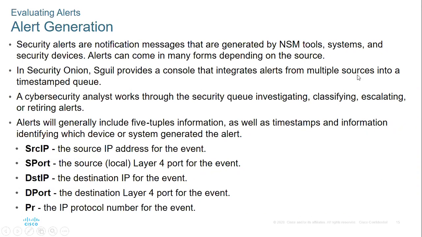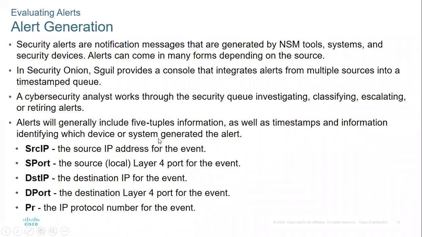As I explained, alerts are generated from the sensors, then they are sent to Sguil for analysis. As a cybersecurity analyst, you must work through the queue which Sguil creates. You have to investigate the alerts one by one, classifying them, and if you don't have enough knowledge, you have to escalate those alerts.